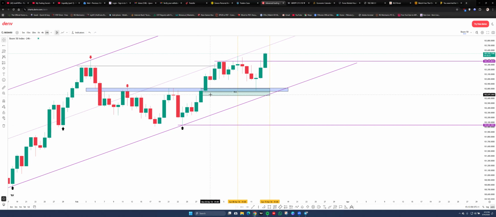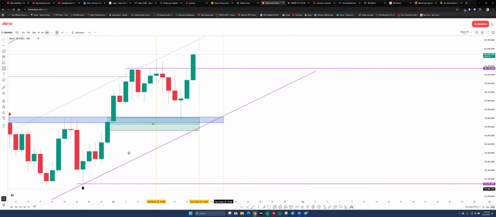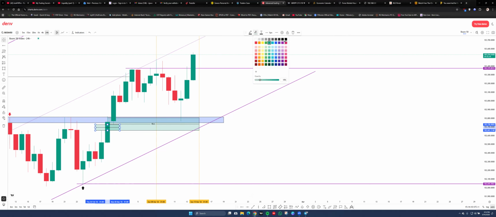So if you notice, we only have one spot of a fair value gap, which is here. That's on a daily time frame.